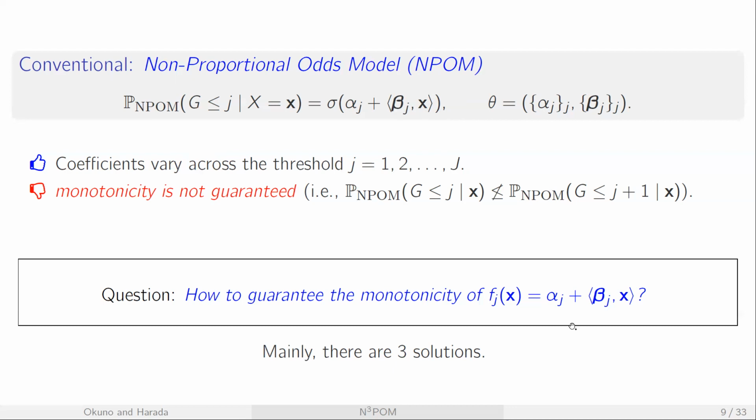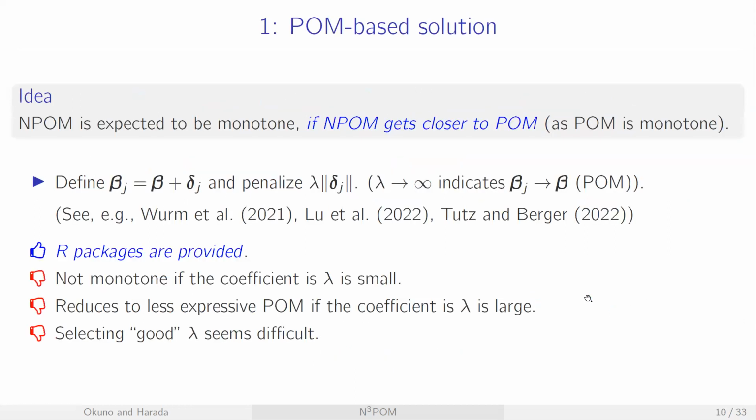Actually, in previous studies, there are mainly three solutions. The first solution is based on the existing POM. Actually, the POM is monotone. So if the NPOM is sufficiently close to the POM, then the NPOM is also expected to be monotone. So several studies assume that the non-constant coefficient beta j, this one, is decomposed into the coefficient beta and the deviation, the fluctuation delta j, and penalize delta j by this norm.